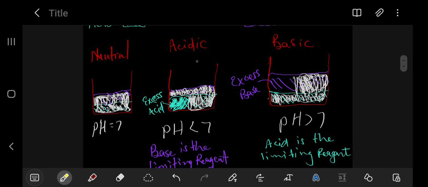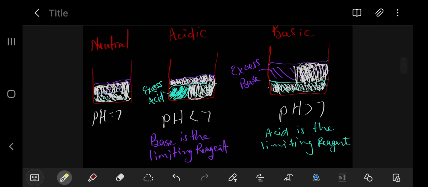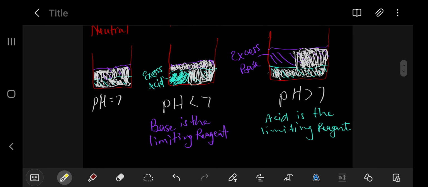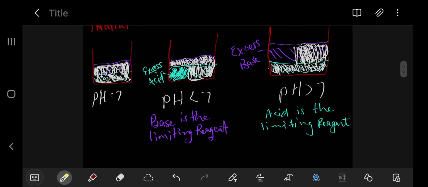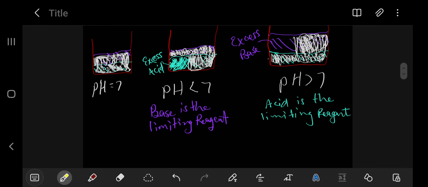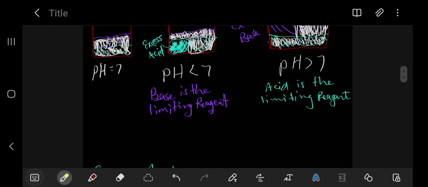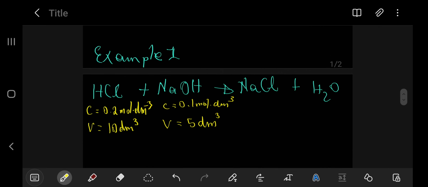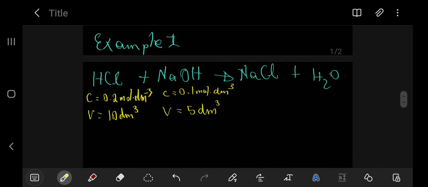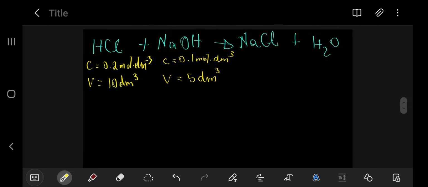But if the acid is the limiting reagent, then it means the resulting solution will be basic. But if both acid and base amounts are equal and they completely react with each other, then it means the resulting solution will be neutral, right?